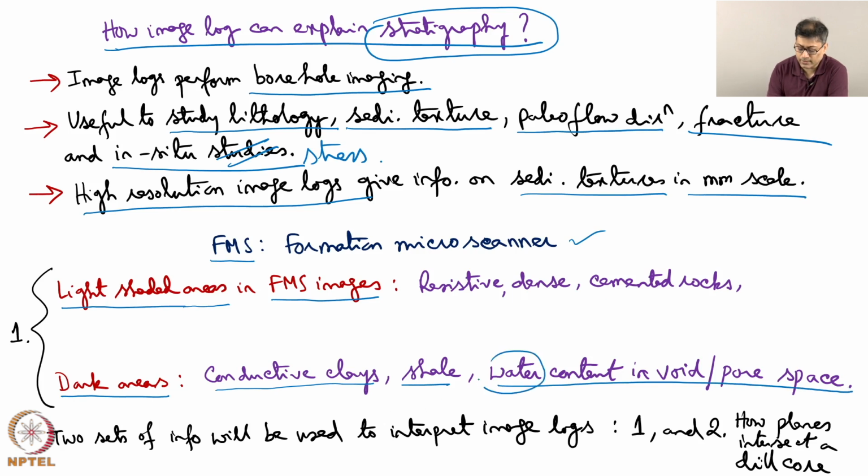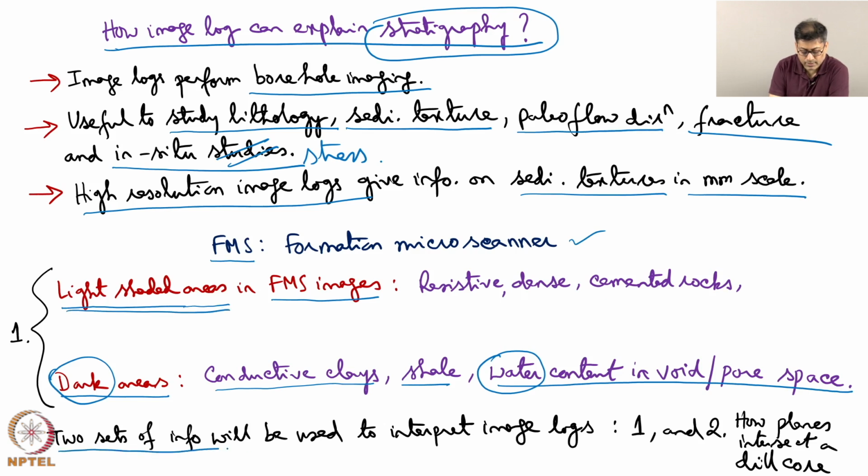Water is conductive and therefore, that is reflected as the dark area. So, more and more conductive regions will be indicated by darker areas in the FMS images, and the less conductive places within the drill core or within the borehole are indicated by the light shaded areas.